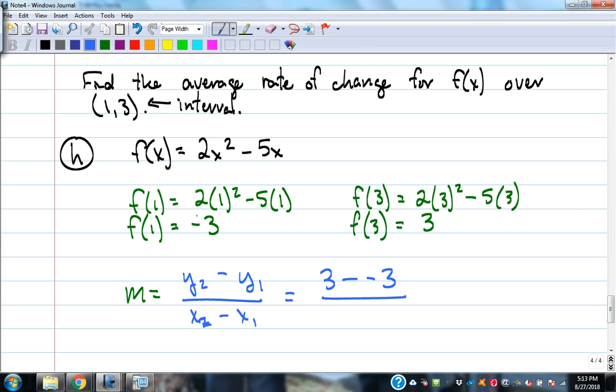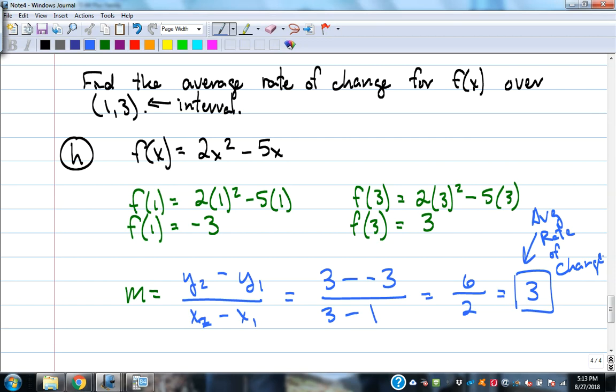And then on the bottom, I've just got to keep the x's in the same order. So if this is the y value I started with, the x value I have to start with is this one. 3 minus 1. So that's going to be 6 over 2. 3. That right there is our average rate of change. Just slope. That's all it is. Average rate of change is slope.